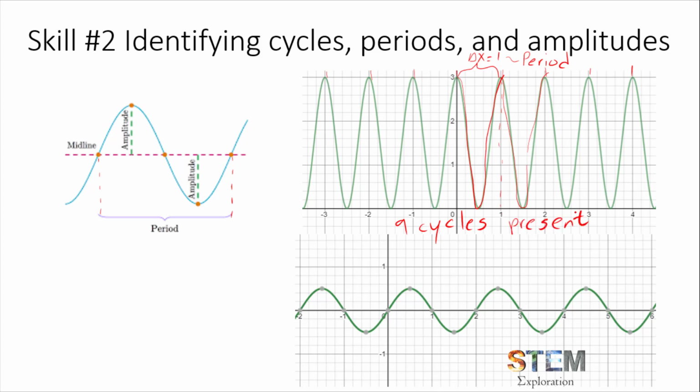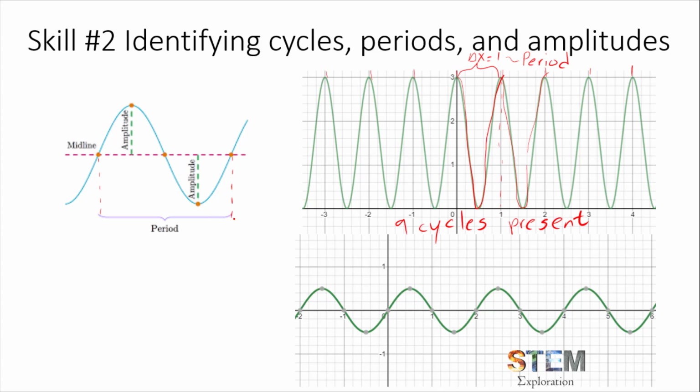And a lot of times if I want to know the number of cycles, I want to know the number of cycles from a point like 0 to 2 pi, for example. And we'll talk about that in more detail in a later video. But that's a lot of times what I'm looking for in terms of cycles. Cycles are just asking how many periods there are in a given viewpoint.